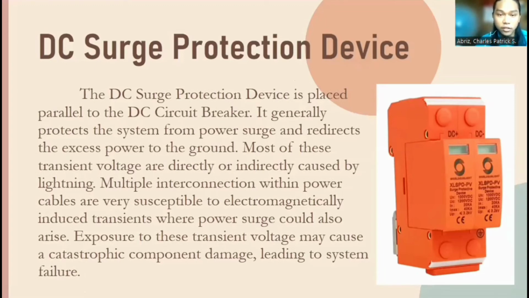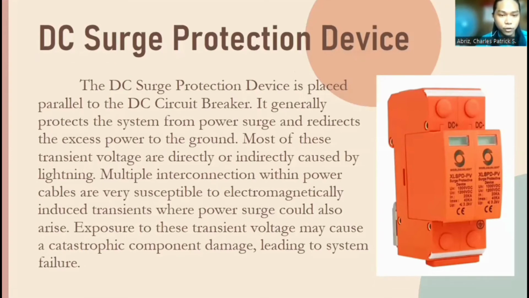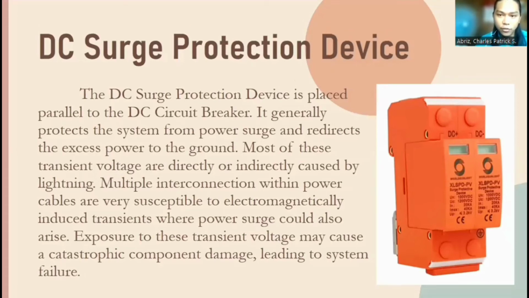Transient voltage is defined as a sudden spike in voltage that only lasts for about tens to hundreds of a second. To put it into perspective, a tenth of a second is 0.1 seconds and a hundredth of a second is 0.01.